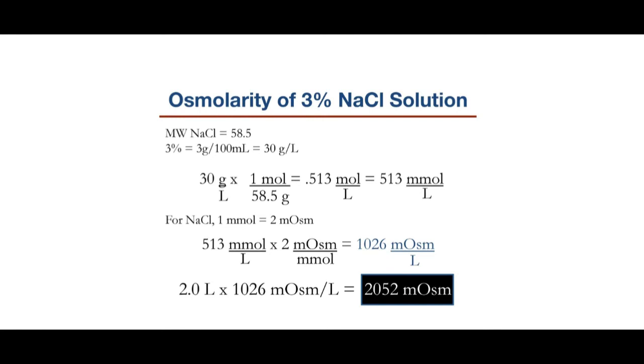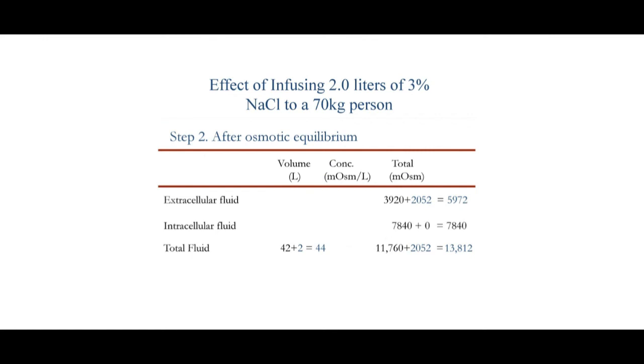So where are we going to add this 2052? We're going to add it to the extracellular milliosmoles and total. Right? Because we're still adding it to everything. What about this one? Why are we at 44 now? Just added 2 liters of water. Okay, so we added our 2,052 milliosmoles.